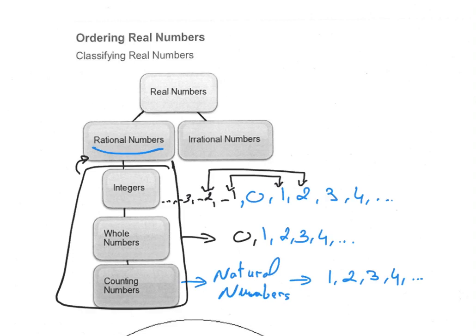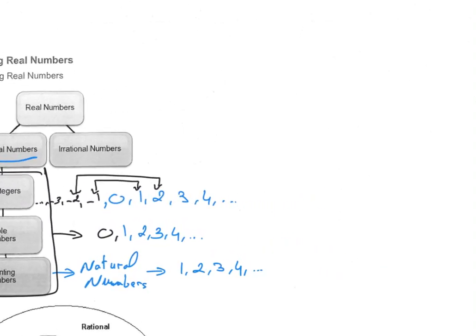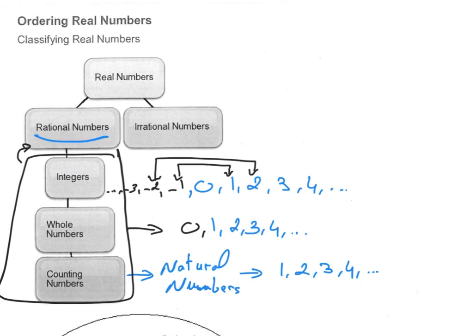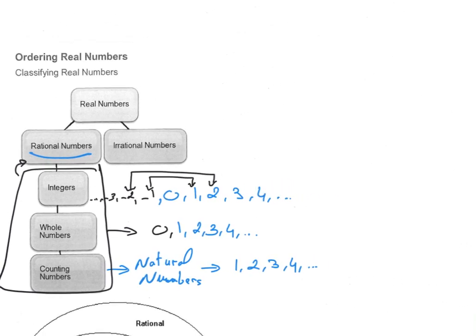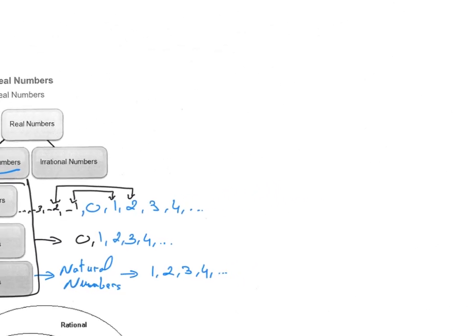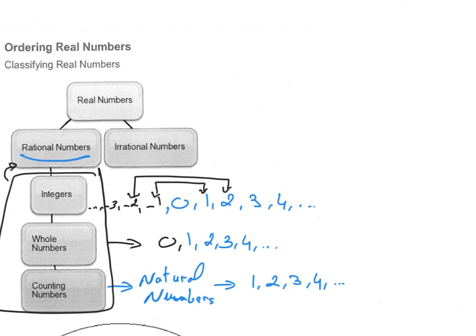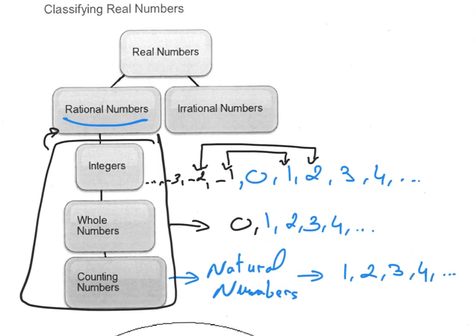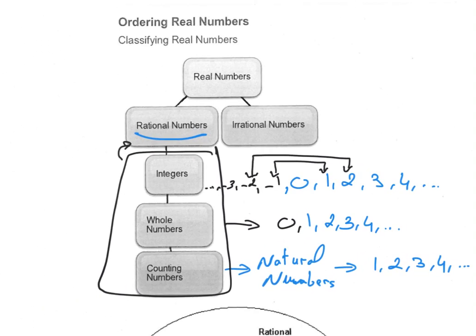So let's go into more details about what is rational number. The rational number is a fraction. Besides, rational numbers include integers: any integer is a rational number, any whole number is a rational number, and any natural or counting number is a rational number.